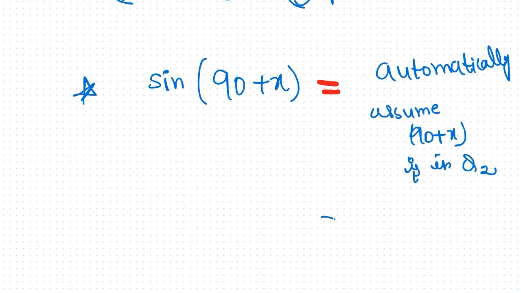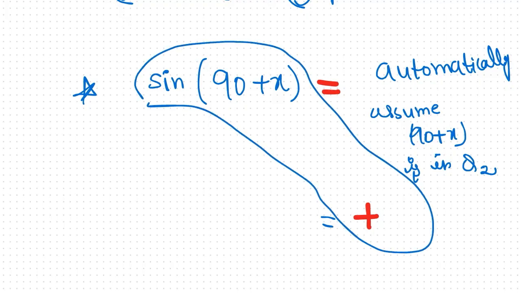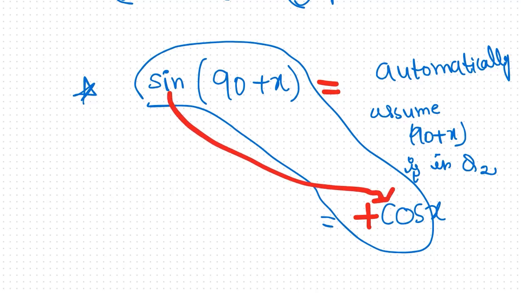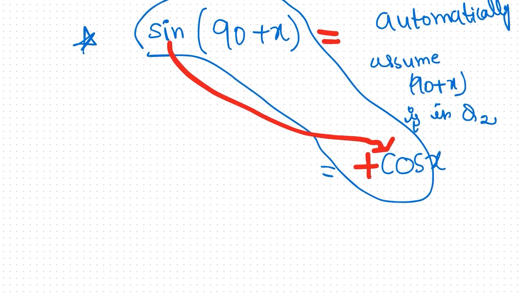And since it lies in Q2, sine is positive, correct? The answer will be sin of 90 plus x equals positive cos x. Why is it cos? Sin has changed to cos, correct?